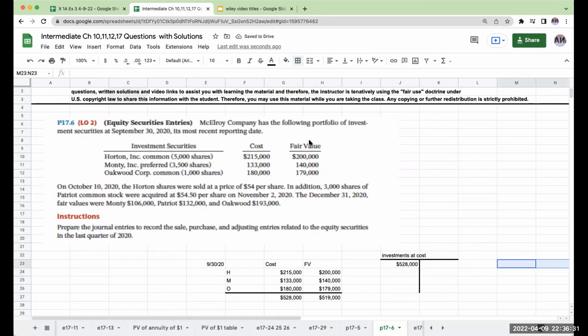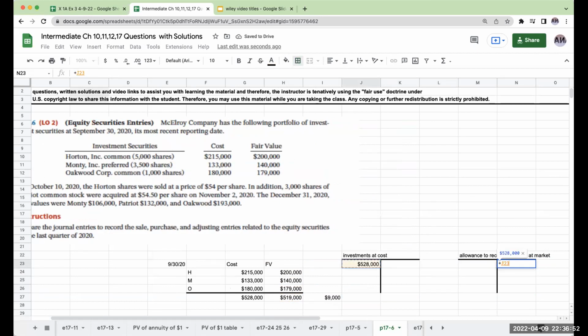Then over here we would have an allowance to record securities at market. In this case, because the fair value is less than the cost, we would create this over here. We would have a $9,000 balance in this account.